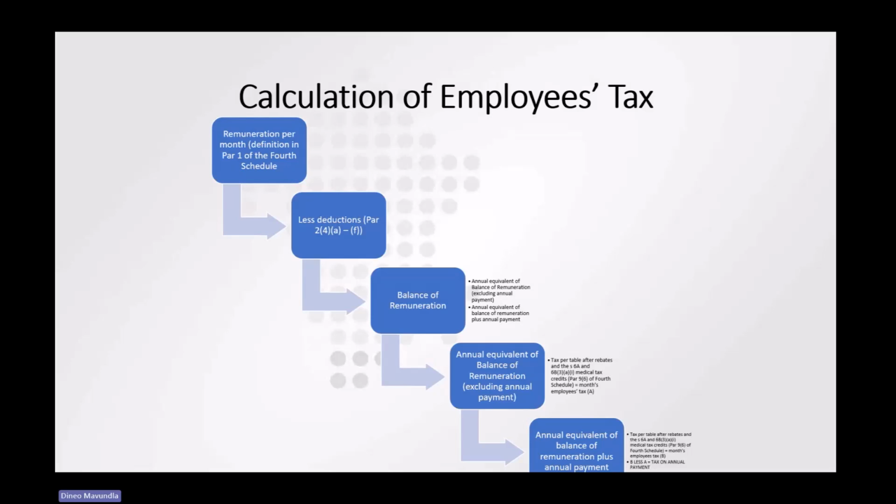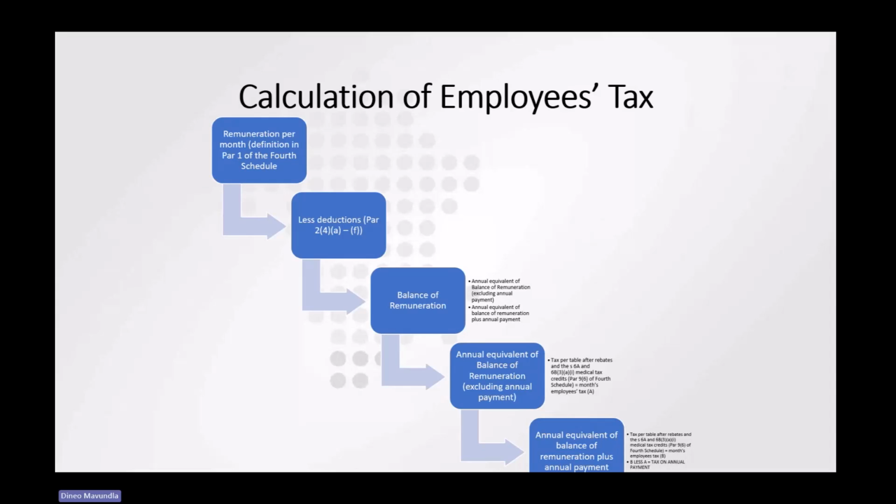So we would have an amount of our annual equivalent of the balance of remuneration, excluding the annual payments. Then we would also have the annual equivalent of the balance of remuneration, including our annual payments. So our annual payments would be things like our bonuses or our leave payments, something that you wouldn't normally get every month.